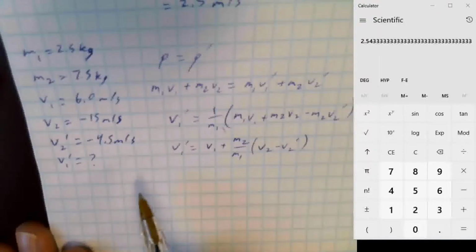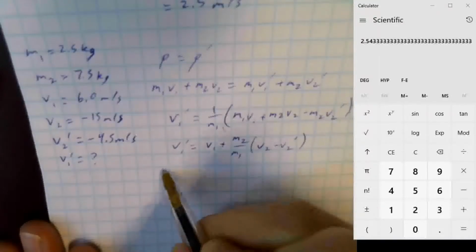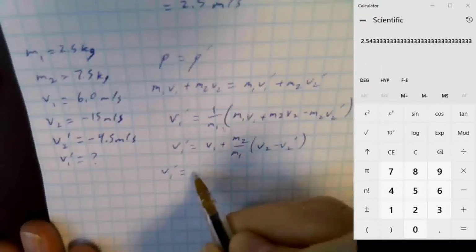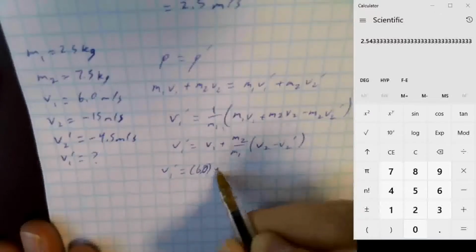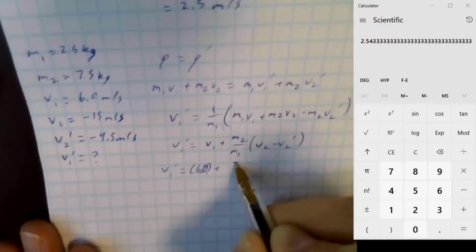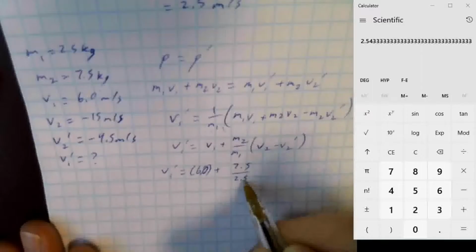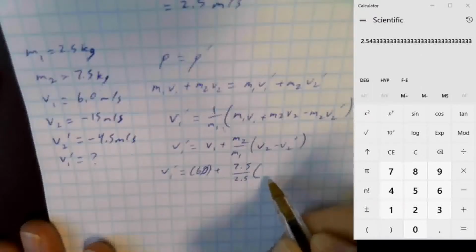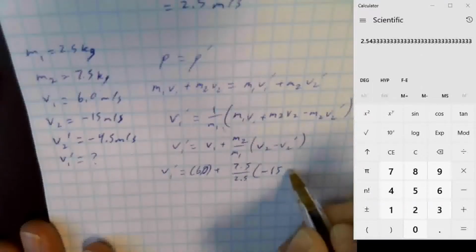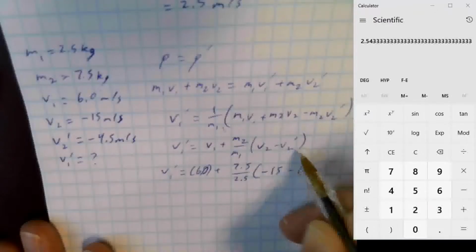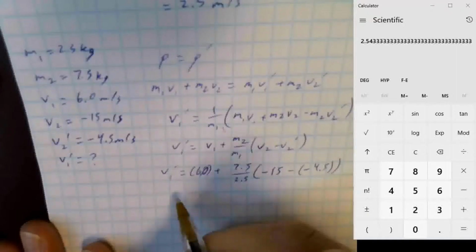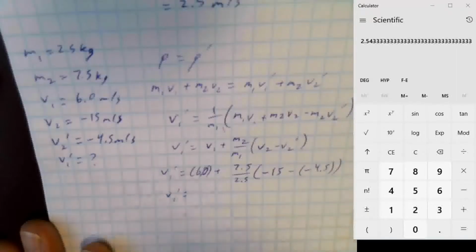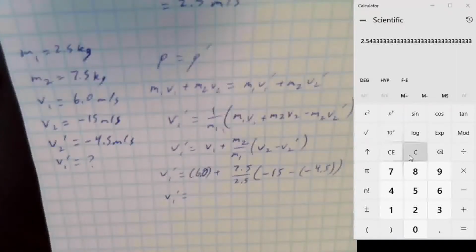Now I can do my substitutions. V1 prime is equal to 6.0 plus M2, which is 7.5, over M1, which is 2.5, times V2, which is minus 15 to start, minus V2 prime, which is minus 4.5. So V1 prime, I can do this calculation here.